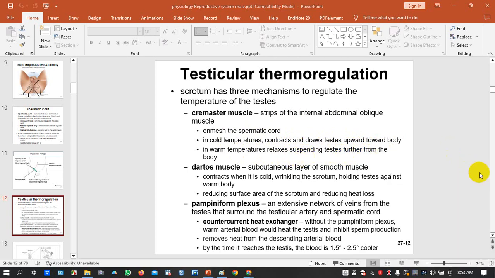There is also the dartos muscle, a subcutaneous layer of smooth muscle, which contracts when it is cold, wrinkling the scrotum and holding the testes against the warm body. So it contracts when it's cold and becomes wrinkled, so that it holds the testes against the warm body. When it wrinkles, it reduces the surface area of the scrotum, and by this it reduces heat loss. You can see that when the temperature is very cold, your testis wrinkles.